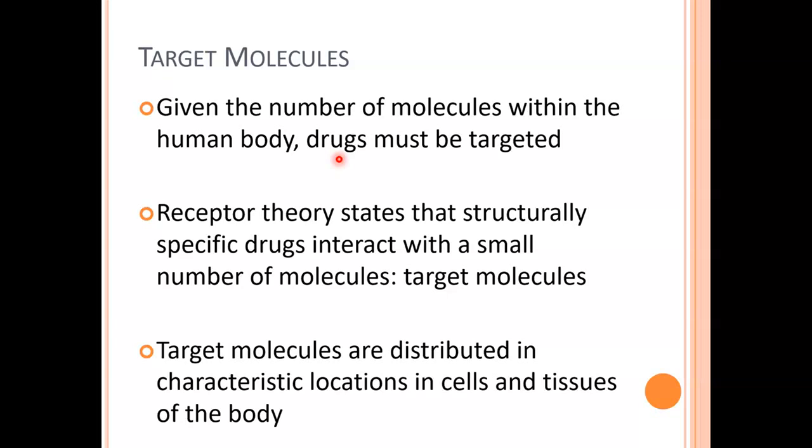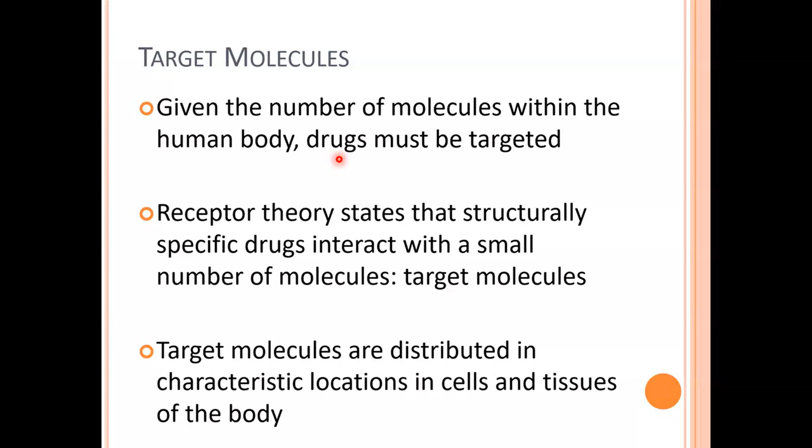So what that means is that your drug needs to be targeting a specific receptor. That's what receptor theory is all about. A specific drug is going to interact with a very small number of target molecules. So a receptor is simply a target molecule that your drug is looking for and will bind to.